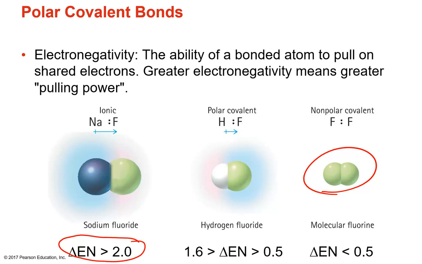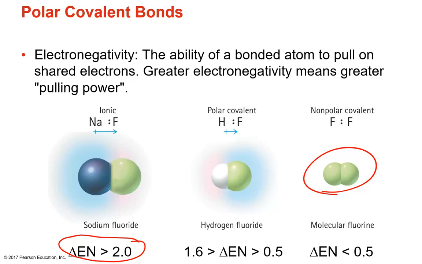Go ahead. So with the hydrogen fluoride, hydrogen has 1 electron, right? And then the fluorine has 7 valence electrons. But the key to the bonding is fluorine has a high electronegativity, hydrogen has a low electronegativity.